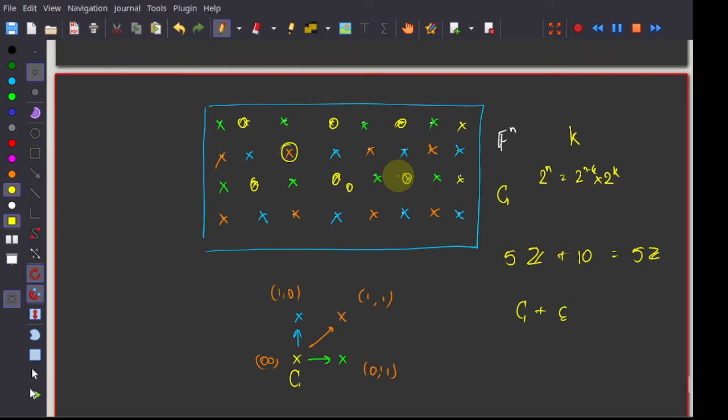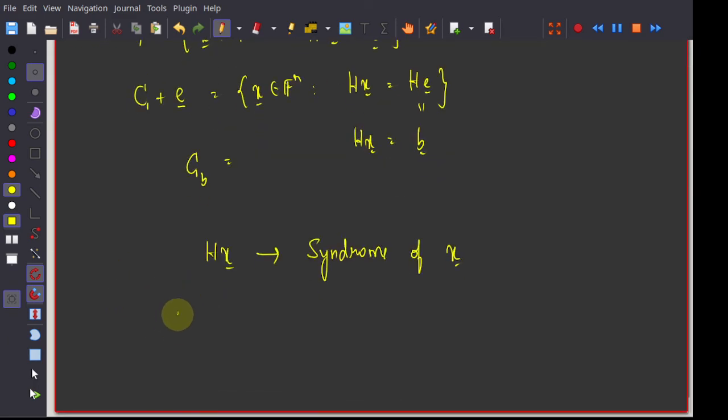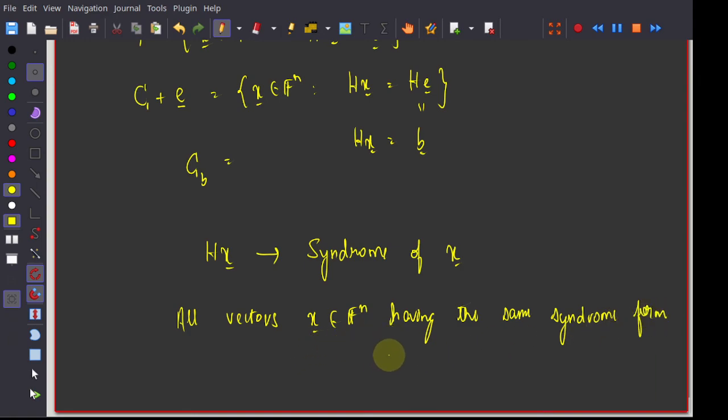So all vectors which have the same syndrome form a coset. Now all I need to do is store coset representatives.